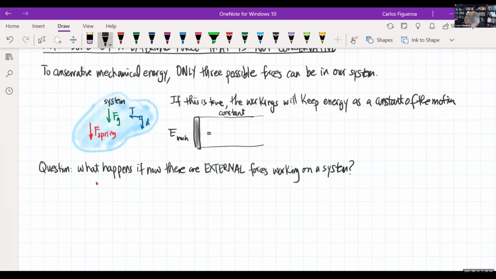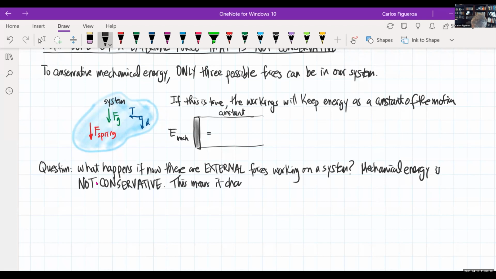The answer is mechanical energy is not conserved. That means the total energy changes, right?